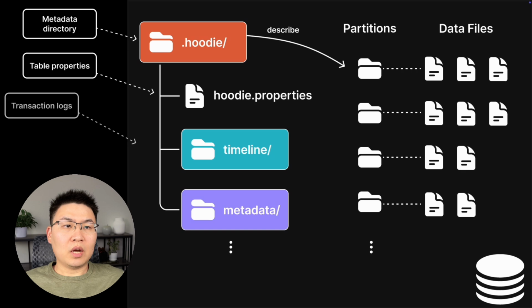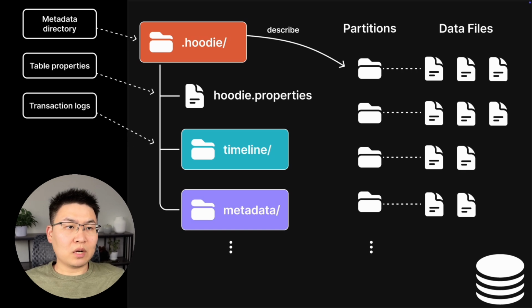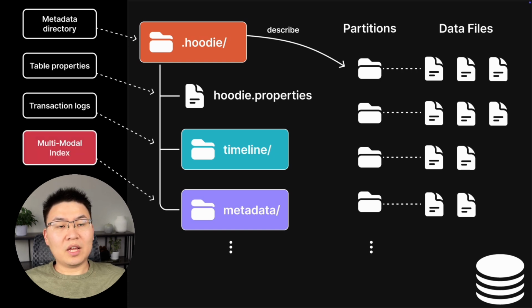There is a timeline subdirectory with transaction logs that record all the changes made to the table. And there is a metadata subdirectory that serves as what we call a multi-modal index. This is our focus today. It offers a wide range of indexes to improve the read and write performance on Hudi tables.